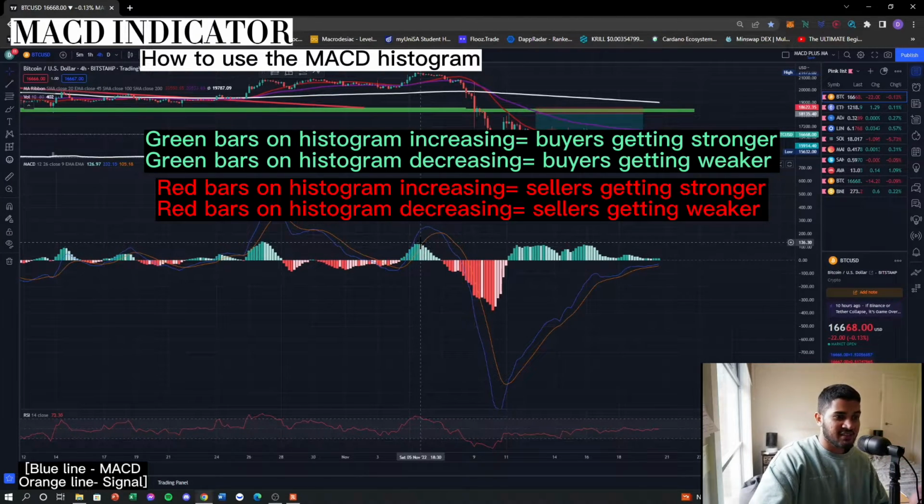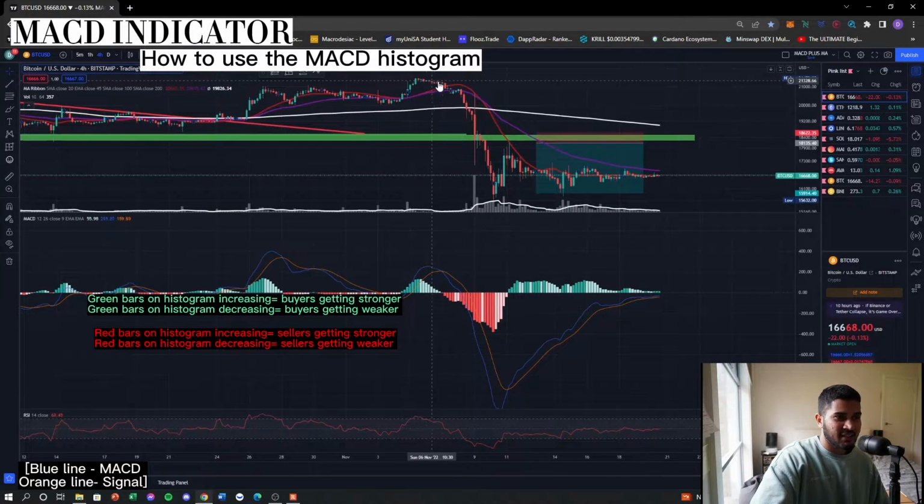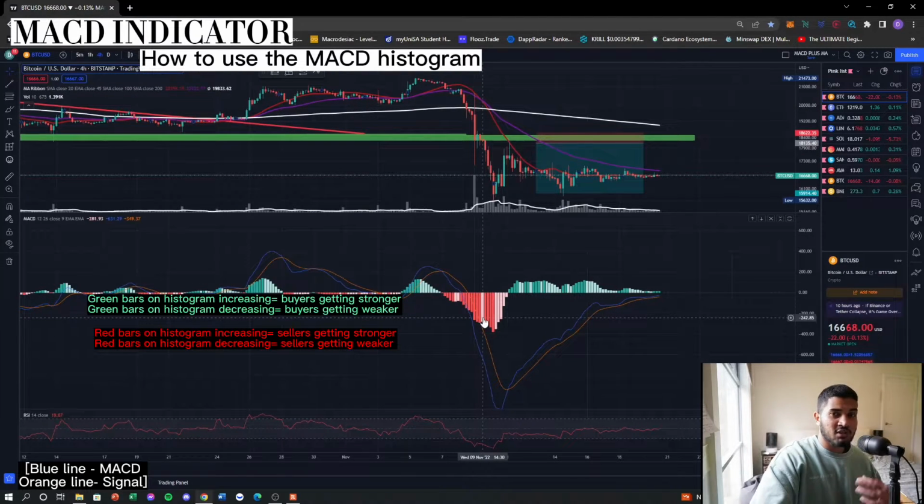So you can clearly see somewhere around here, the buyers were becoming weaker, and it has been basically range trading. During this time, it has been in a range and it proceeded to sell off. And the red ones, which show the power of the sellers, the red bars have been increasing.